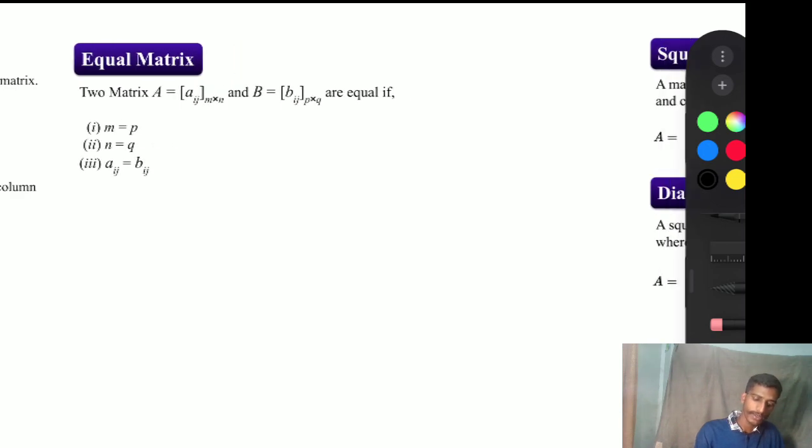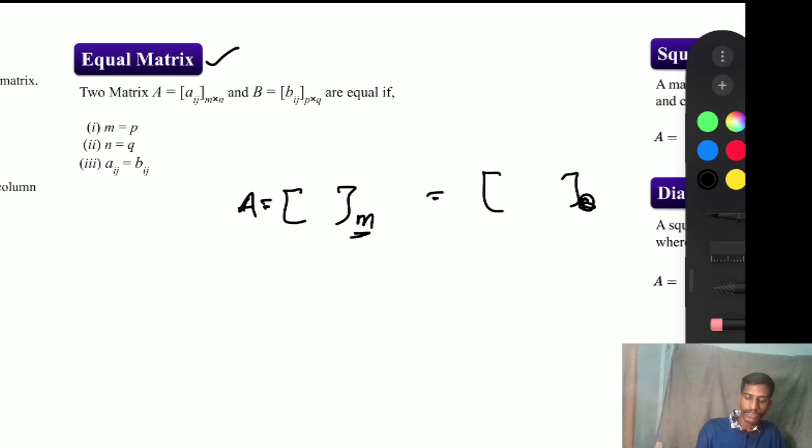Now we'll move to the next matrix, the equal matrix. Two matrices are equal if the number of rows in one matrix is equal to the number of rows in the other, and the number of columns in one is equal to the number of columns in the other.